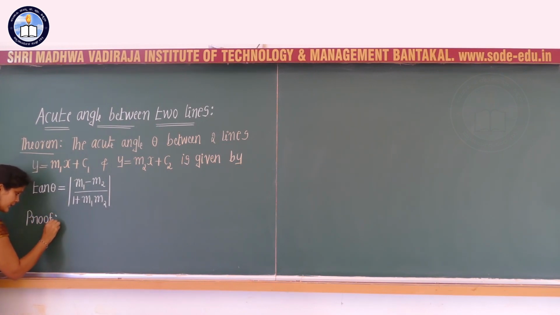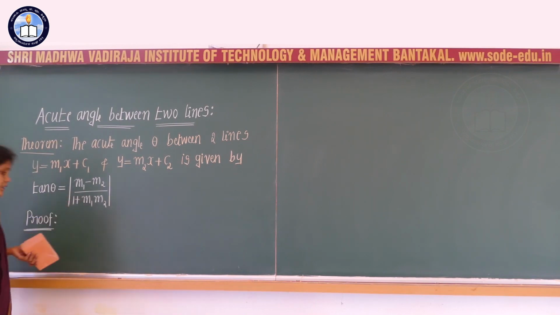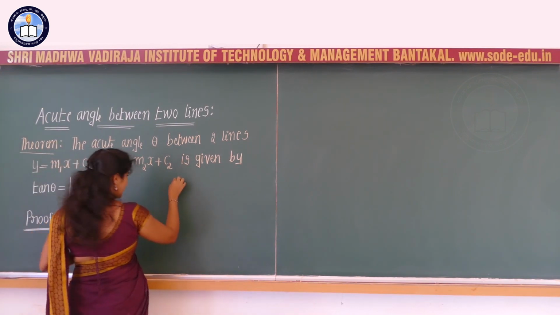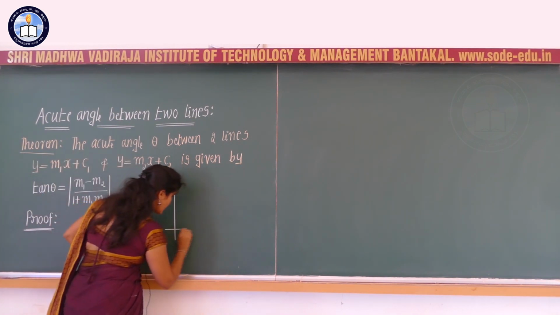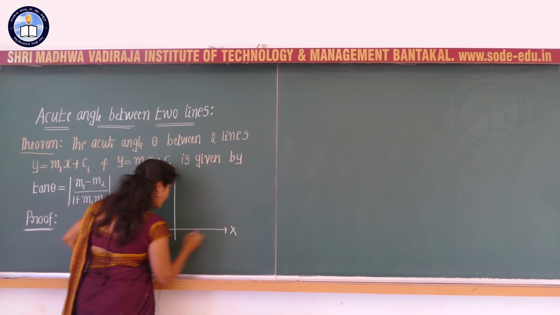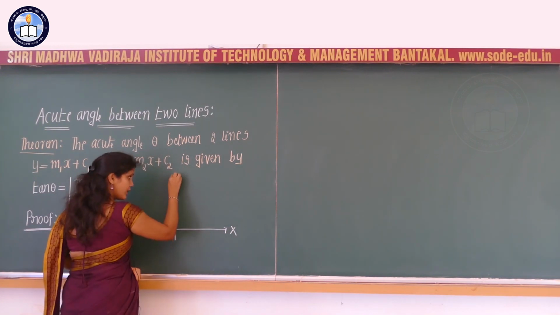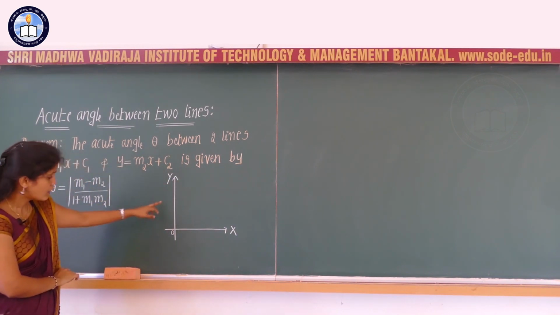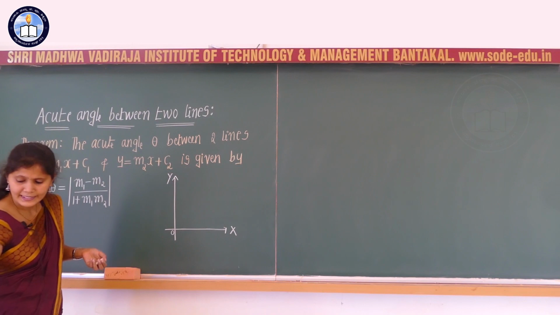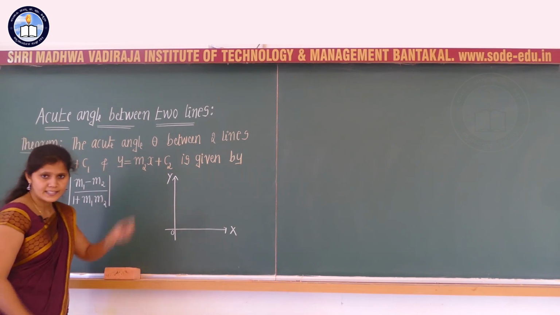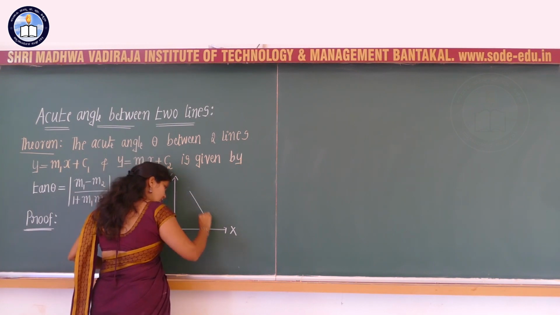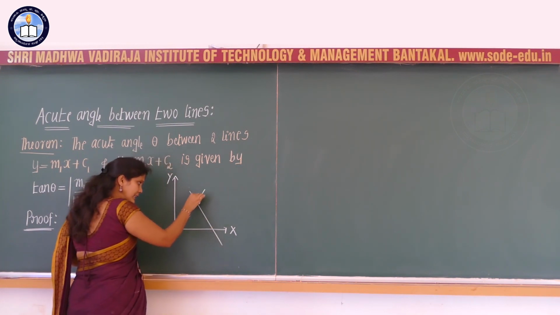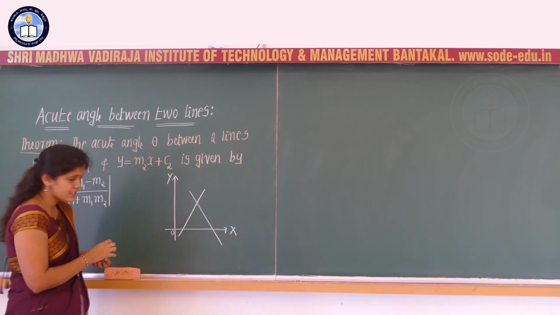In order to prove the theorem, let me draw the diagram with respect to the two lines L1 and L2. Let us consider the XOX' plane, the x axis, and the y axis, that is YOY' coordinate axes. Now I consider the two lines L1 and L2 and the acute angle theta between them.